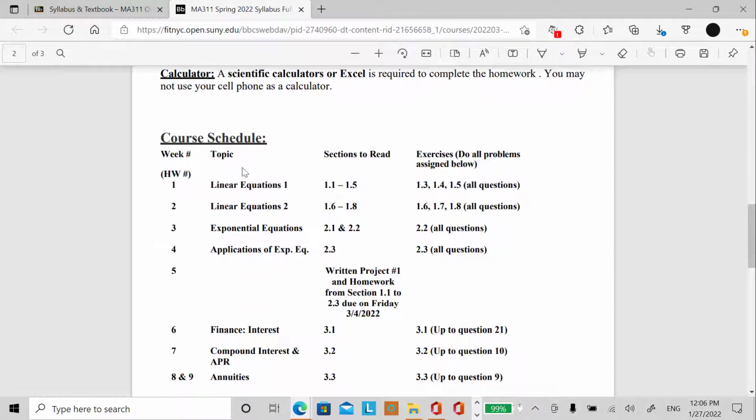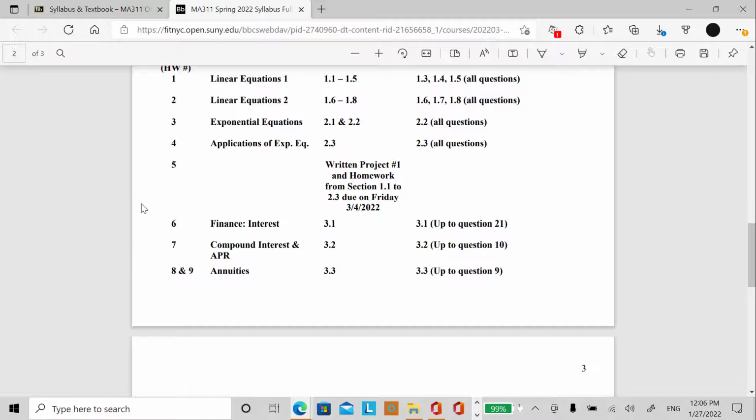After the first 4 weeks, on a weekly basis, you read a section from the textbook to complete exercises. On week 5, which is March 4th, 2022, you're going to submit written project number 1 together with the homework from section 1.1 to 1.3.